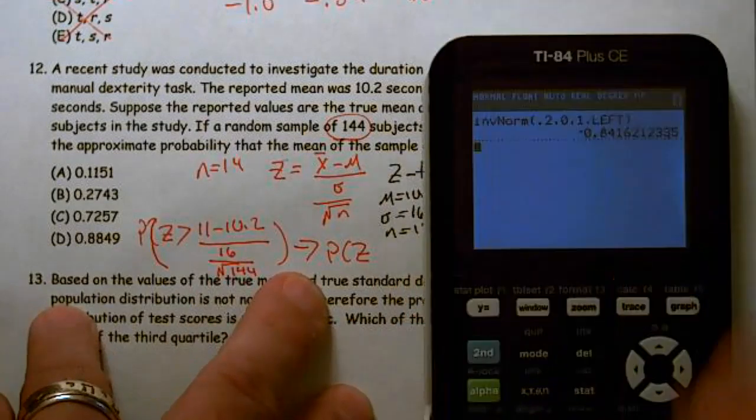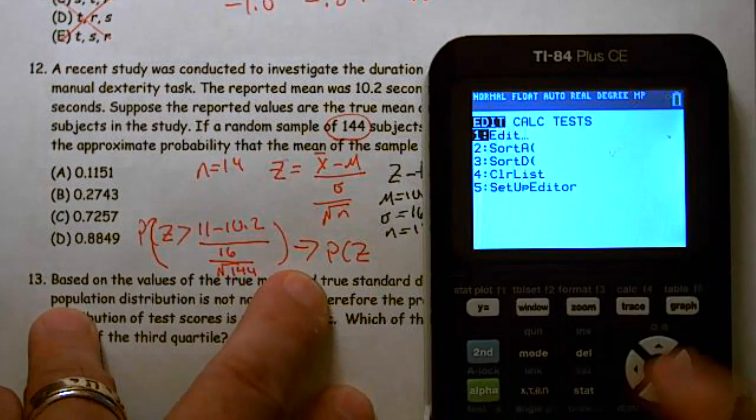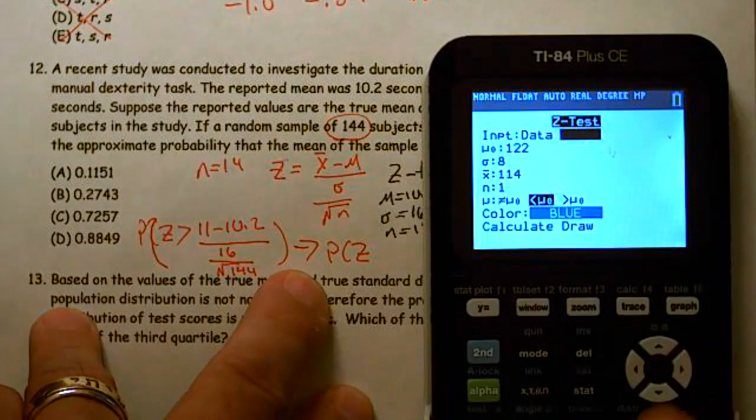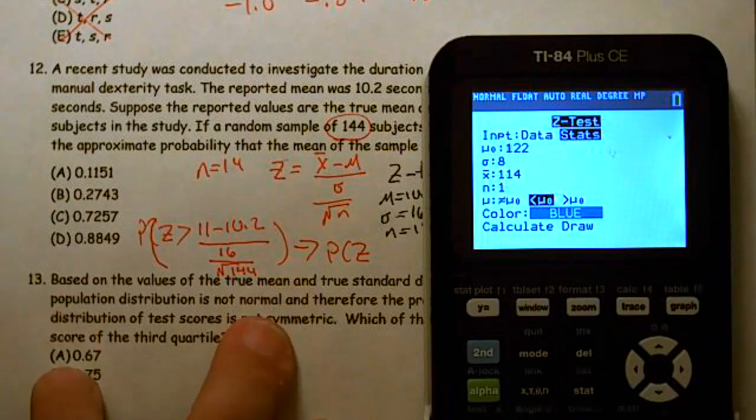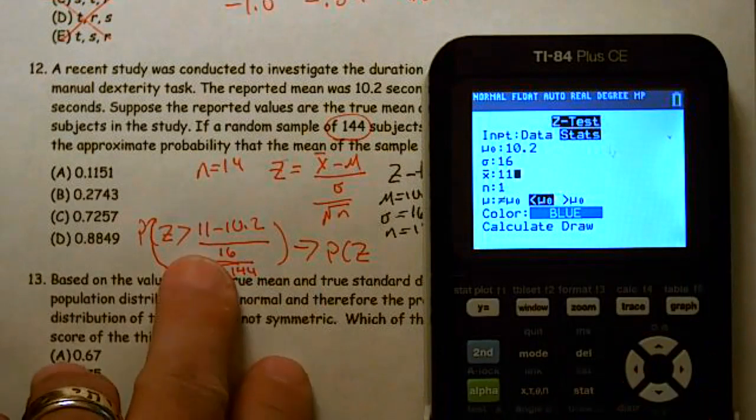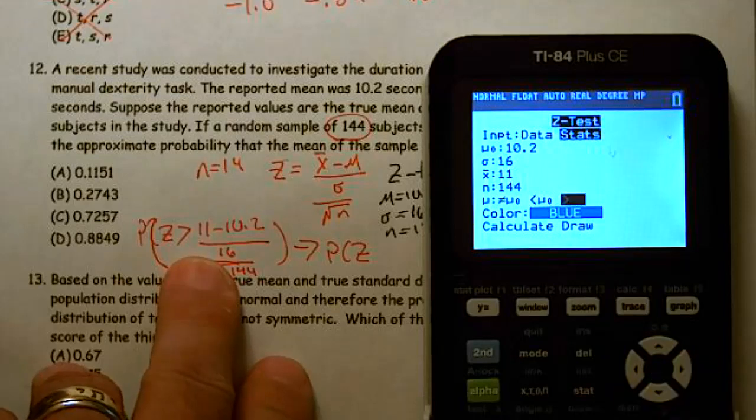So here we go. Stat test, z-test, mean 10.2, standard deviation 16, X bar 11, N 144, and make sure we have a greater than.